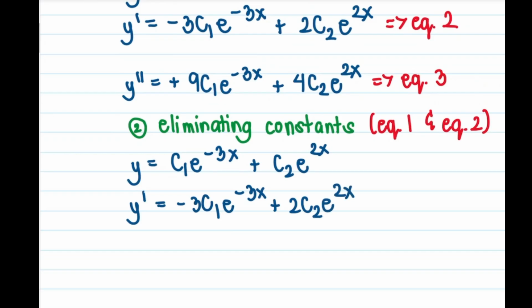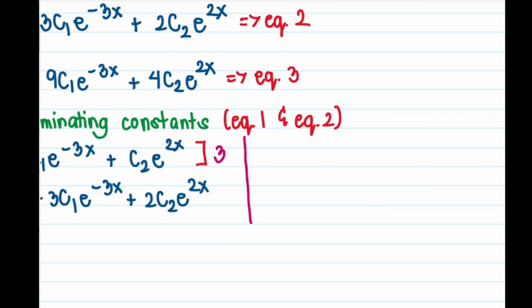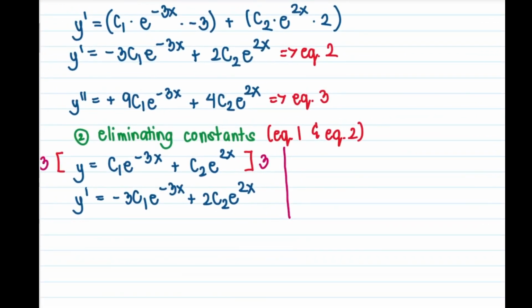So let me first eliminate C1. To eliminate C1, I will multiply equation 1 by 3 to cancel C1. So simplifying this equation will be 3y equivalent to 3c1 e raised to negative 3x plus 3c2 e raised to 2x.